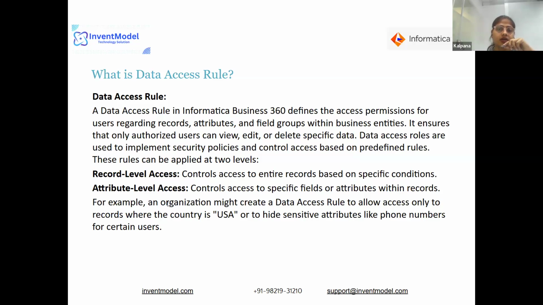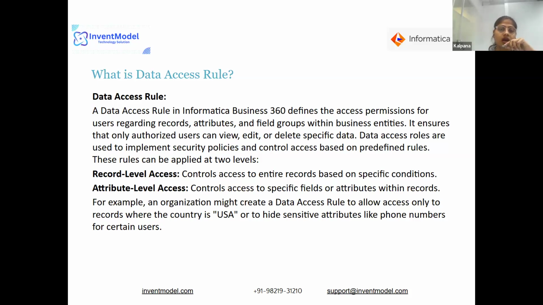So it ensures that only authorized users can view, edit, or delete specific data. Authorized means trusted users can delete the data, view the data, and make changes as well.